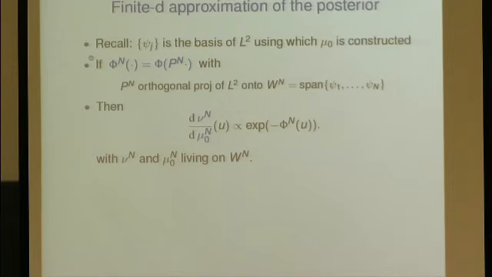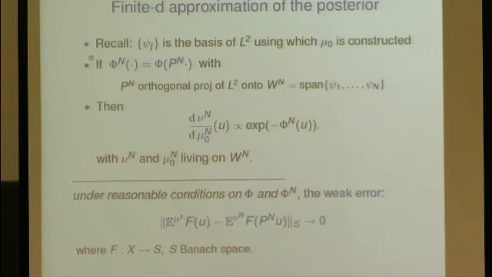Of course, I cannot compare it directly to the original posterior measure, which lives on another space, but I can talk about the expectations of functions under these measures, which is the so-called weak error for the uncertainty quantification people. And then again, under reasonable conditions that I don't want to bother you with, you can show that you have the convergence of the weak error.